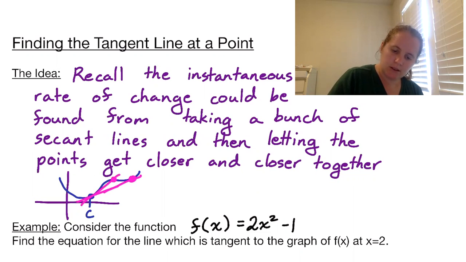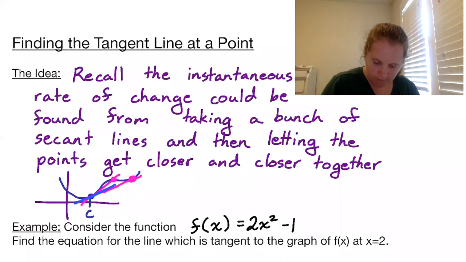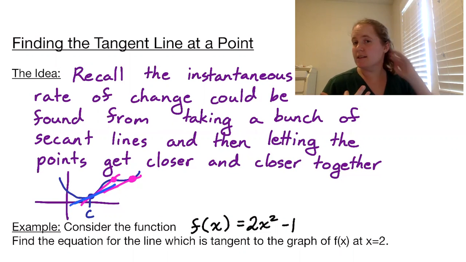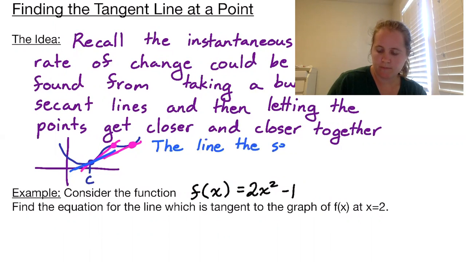And ultimately, we will wind up getting a line which seems to just barely skim the graph. And so the line that these secant lines approach was called the tangent line. So the line the secant lines approach is the tangent line.